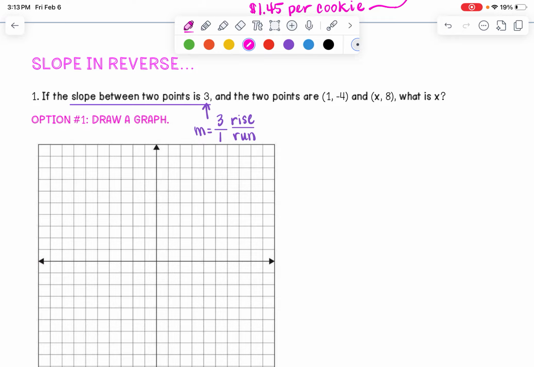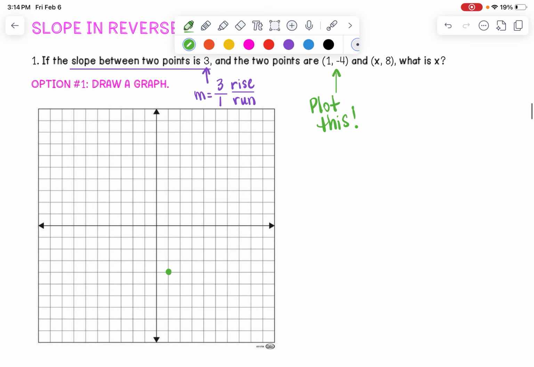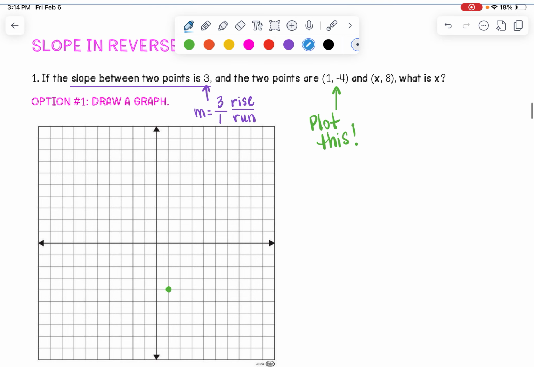Then the other thing I know is that this graph is passing through the point (1, -4). Oh, that's pretty handy. So I'm going to plot this. All right, I'm going to plot that point. Let's do that. (1, -4). So that's right there. Then they're asking us, what point is this? So this point must also be on the line, but it has a y value of 8.